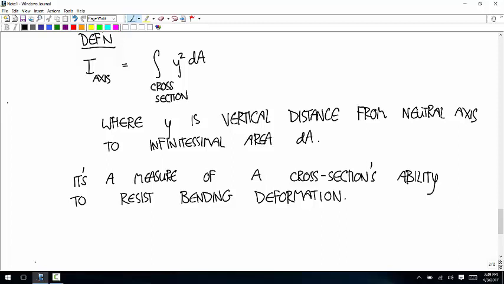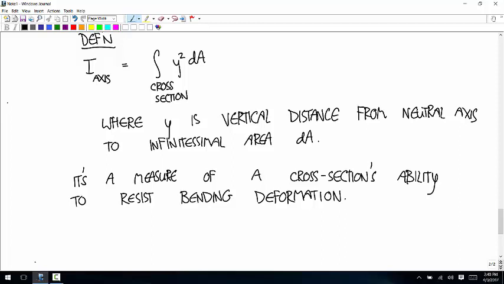So when you're looking at the paper like this, it has a very low area moment of inertia. But now, this is the x-axis of the beam. Now it's really hard to bend, without flexing the paper. So now you have a relatively high area moment of inertia. Okay, so that's what we're talking about.